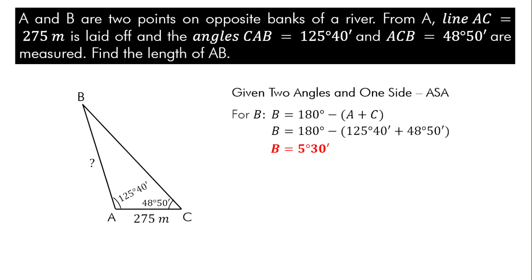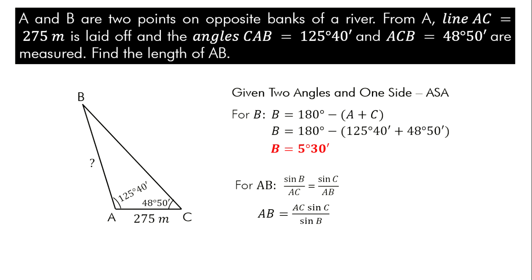In order to obtain the length of AB, we need to use sine B over b is equal to sine C over c, wherein side b is AC, which is 275 meters, and we need to identify AB, which is the side c. So let's use that formula.